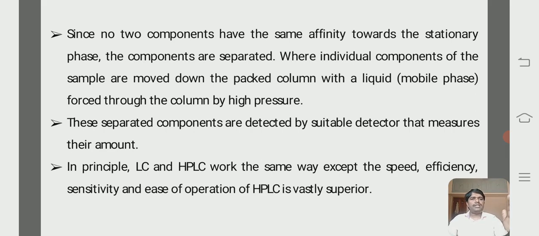These separated components are detected by a suitable detector that measures their amount. Liquid chromatography and HPLC work the same way, except the speed, efficiency, sensitivity and ease of operation of HPLC are vastly superior.